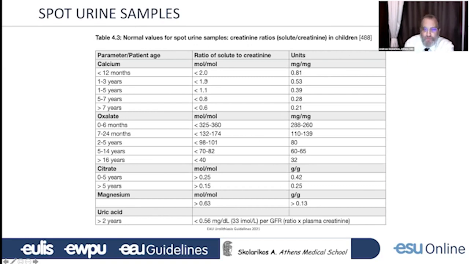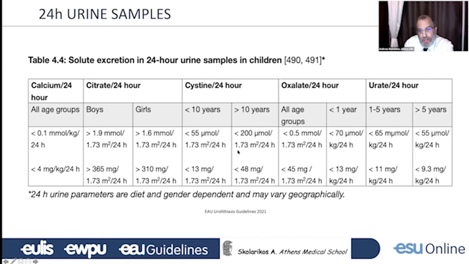If these results are abnormal, as I will show you in the algorithms in a minute, then we go to the 24-hour urine collection, and these are the normal values that you should have when you perform a 24-hour urine collection in a kid. I will explain it in detail in 1 minute.